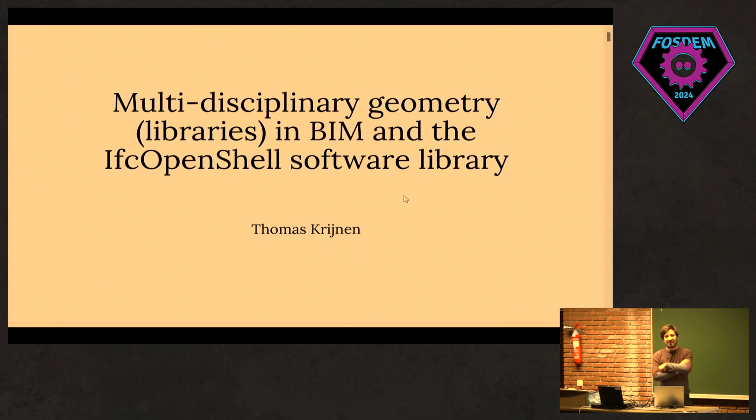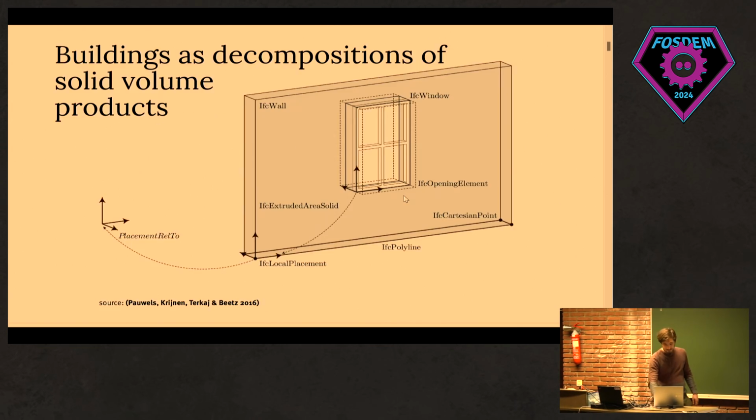So this is not really a hardware topic per se yet, unless buildings qualify as hardware too. But let's talk a bit about them. We have exchanged buildings for a long time as just sets of line drawings without really computer-readable semantics associated to them.